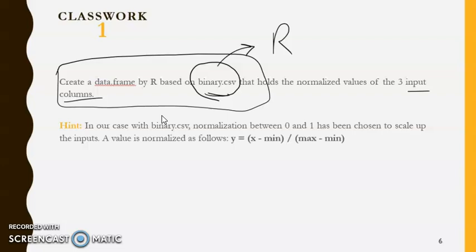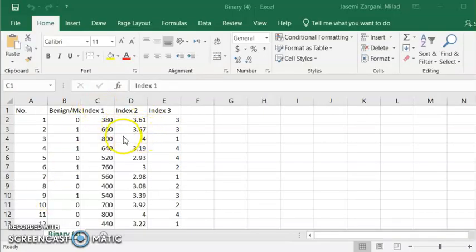So these are some terminologies that you will see a lot. Here, it asks you to normalize the three input columns. What is an input column? An input column is something that you give to the system to get the output.